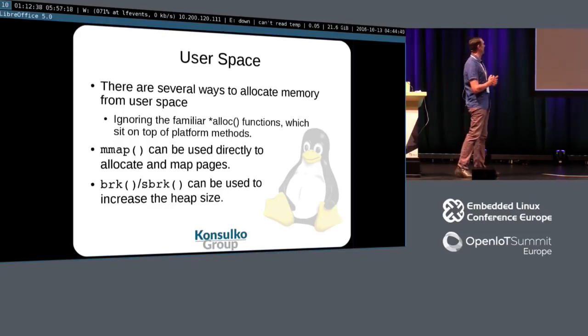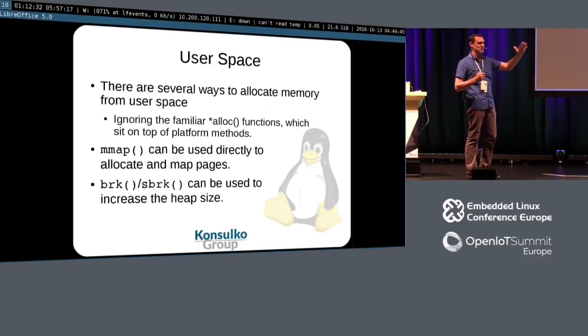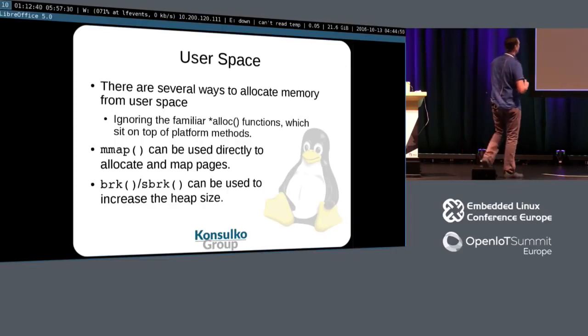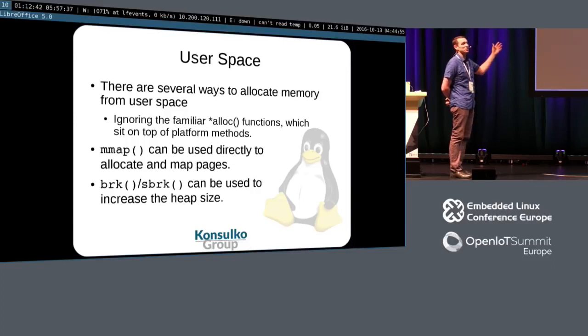So user space, we got several ways. We've been through that whole stack, all the major pieces of how everything's happening in the background. Now let's see how this maps into the APIs we have in user space. We have several ways that we allocate memory.